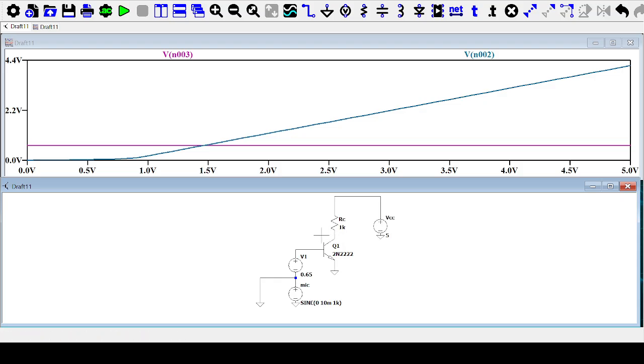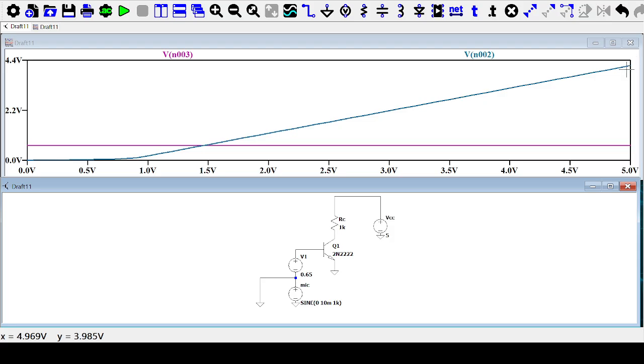And the condition for the linear region, or forward active region, is that the base collector junction should be reverse biased. So what we do see here is that nothing really happens until we get to that region, and there's an increase in the output.